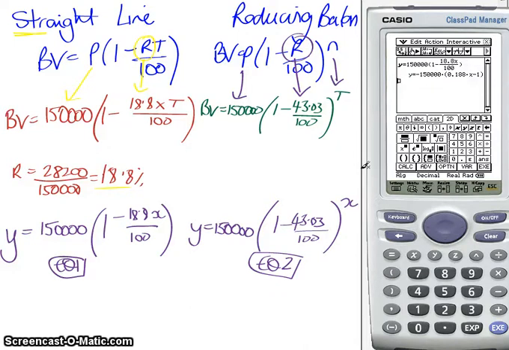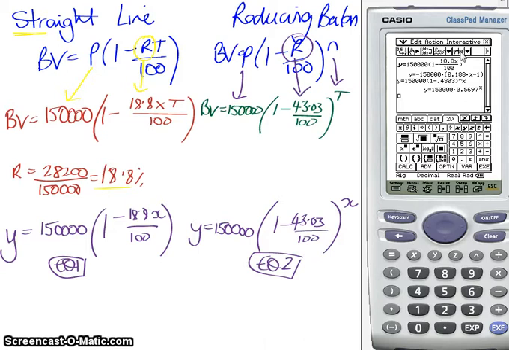And now I need to do my other one. Here's y equals 150,000 times (1 minus 0.4303) to the power of x.